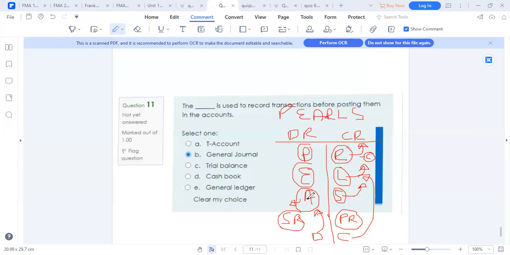You're losing money, so you're paying out. In my accounts, I'm going to increase my assets and reduce my debtors, because if you're paying me, you must have been a debtor.